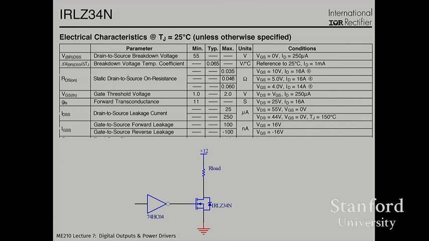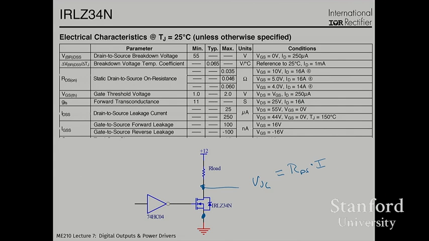This drain to source on resistance is the equivalent resistance from the drain to source across the MOSFET. And so the output voltage in the low state is equal to the RDS times the current flowing through the device in its active state.